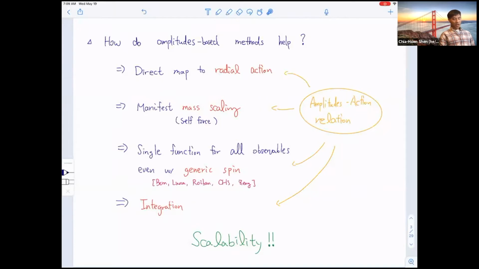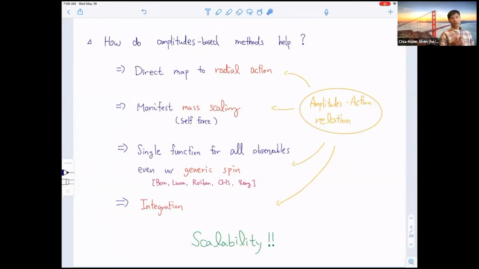So in this talk, I will argue that in the conservative sector, there's a very nice matching between amplitudes and the classical action, the radial action. So we can directly land on this radial action. And it manifests nice properties. For example, the mass scaling first discovered by Damour is manifest.